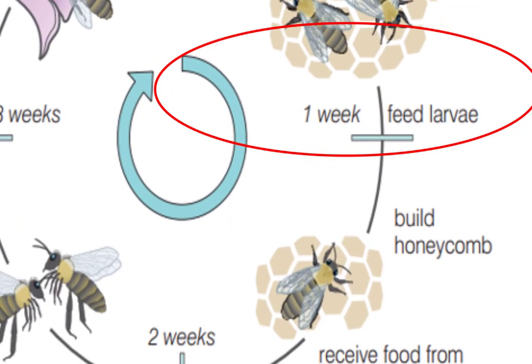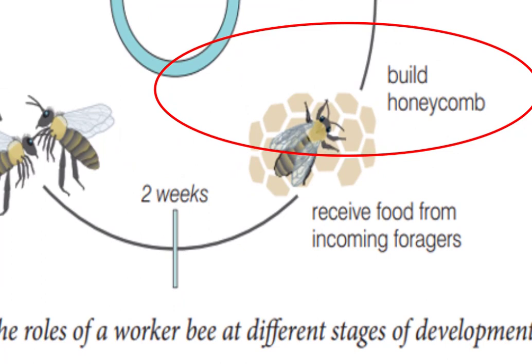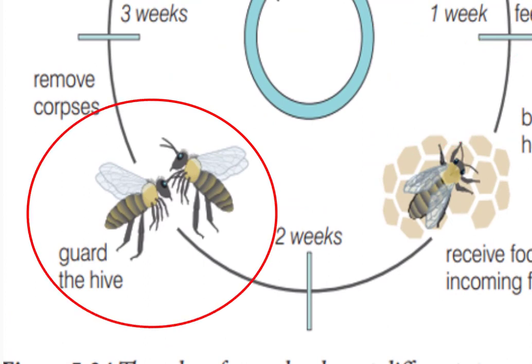When they become about 1 week old, they become responsible for feeding larvae. In the first days of the second week, the worker bee's role becomes building honeycomb. At about 2 weeks of age, they become responsible for receiving food from the incoming foragers. In the first days of the third week, worker bees guard or protect the hive.